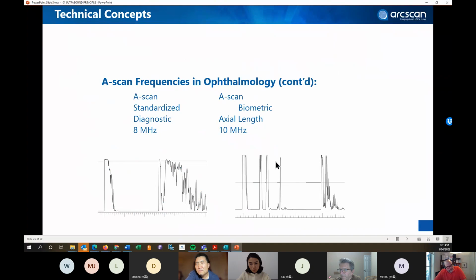When you see a difference between these two, you already have a cataract. But yes, this is diagnostic, and you can measure here like nothing else. You can measure a tumor or something. You have an incredible resolution here, and we can do the same.